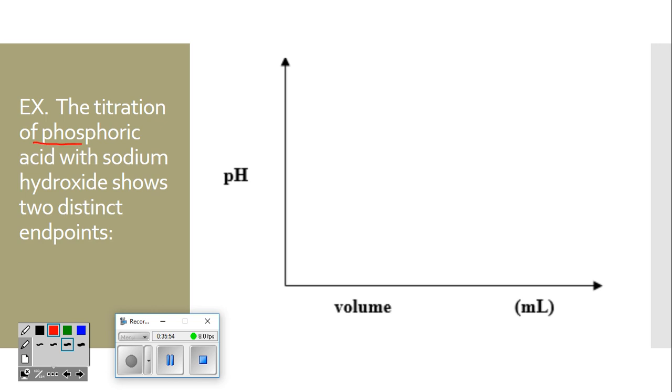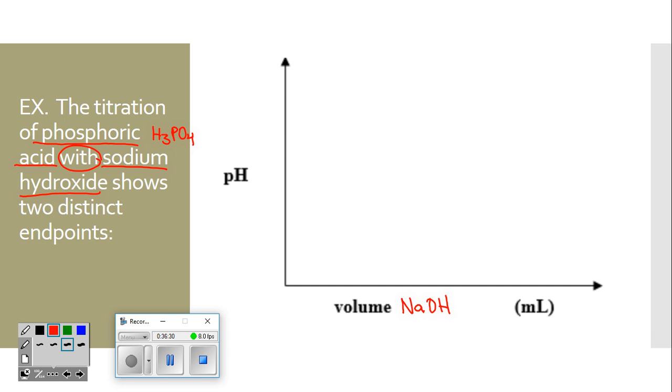We have phosphoric acid being titrated with sodium hydroxide. The word with tells me that sodium hydroxide is what I'm adding. Now, if you write down the formula for phosphoric acid, H3PO4, you might look at it and say, huh, there's 3 hydrogens there.